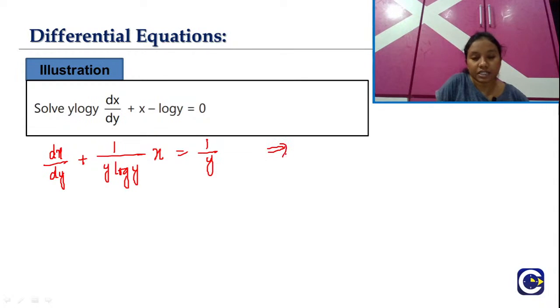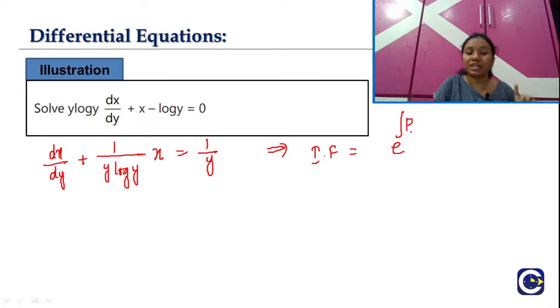So what is the integrating factor, guys? Integrating factor is equal to e power integration of p, here in terms of dy, right? So e power integration, what is the p value? p will be 1 by y log y dy.